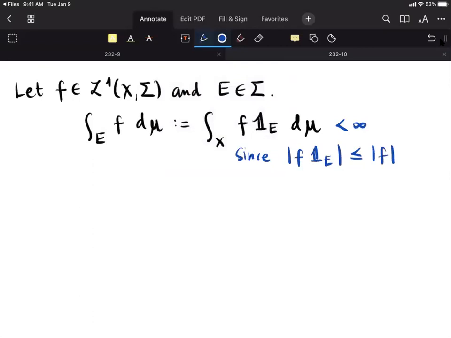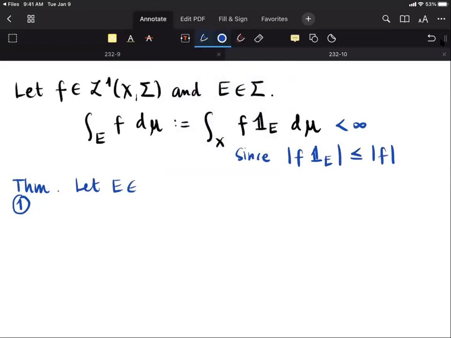And the fact that, of course, f, hence the magnitude of f, is also integrable. Okay. So with this notation, we have the following observations.